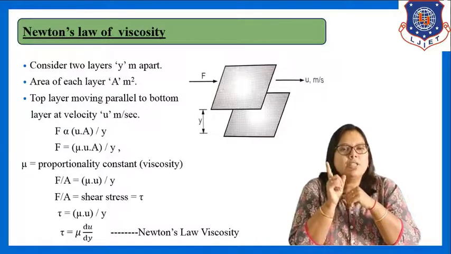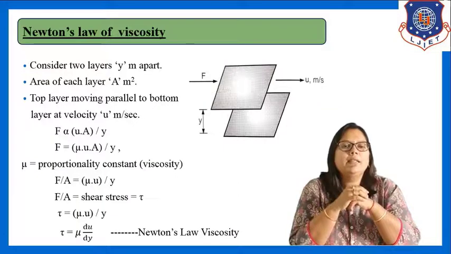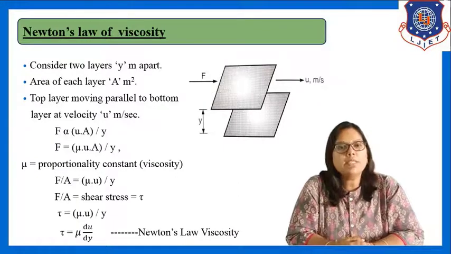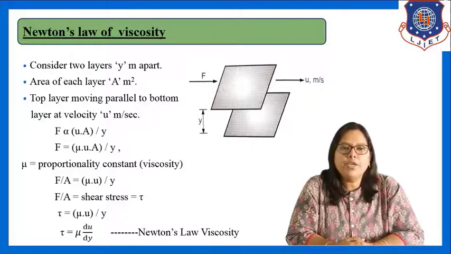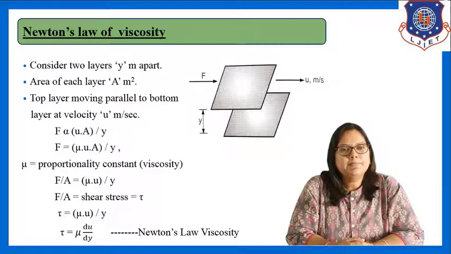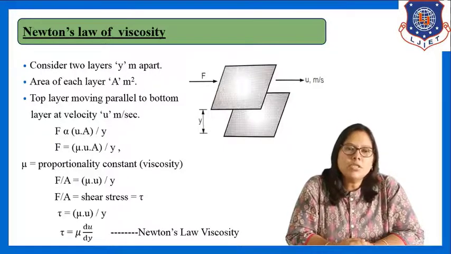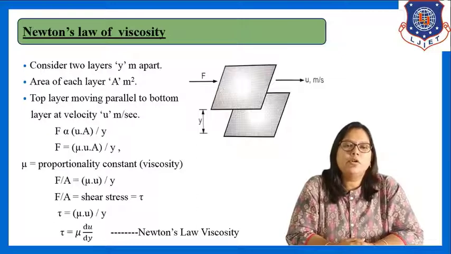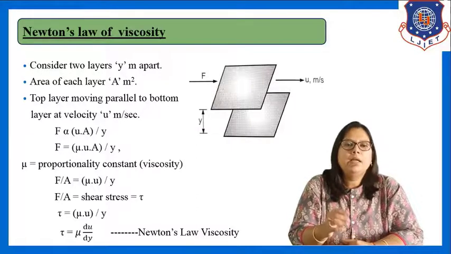I have written it in differential form because those two parameters are varying. So tau equals mu du by dy, and this expression is known as Newton's law of viscosity. It is very important for fluid dynamics.